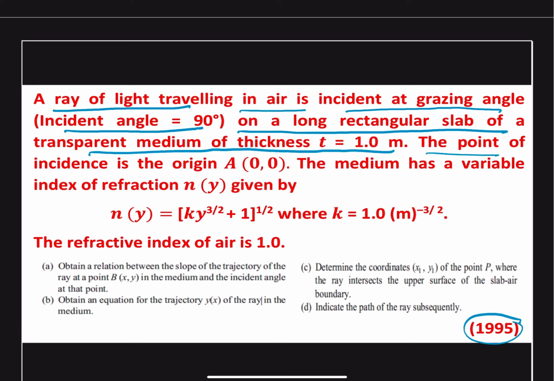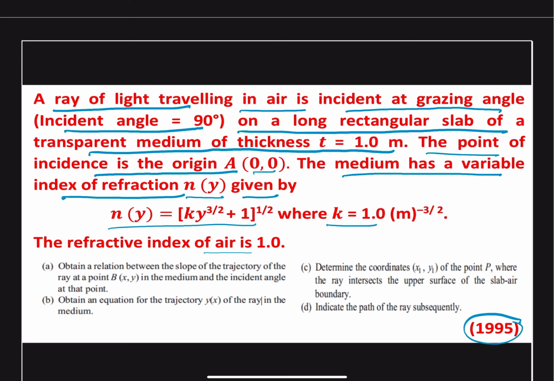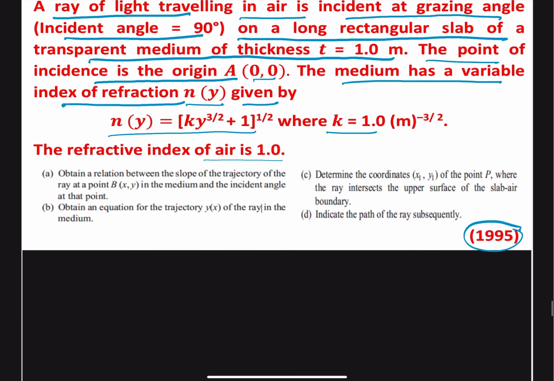The point of incidence is the origin (0,0). The medium has a variable index of refraction n(y), given by this particular equation, where k is 1 meter raised to the power minus 3 by 2. Refractive index of air is 1. So based on this description, we are going to find out these 4 questions.